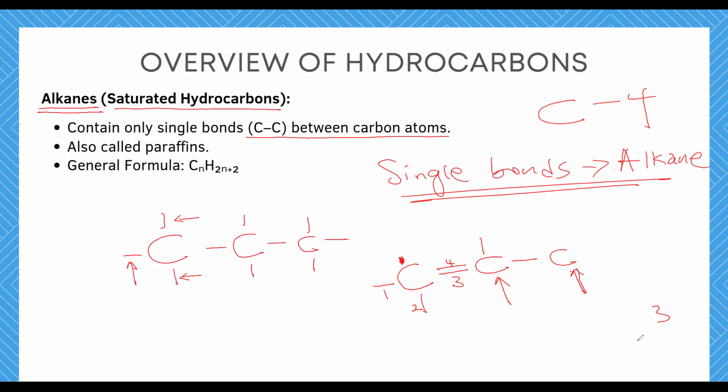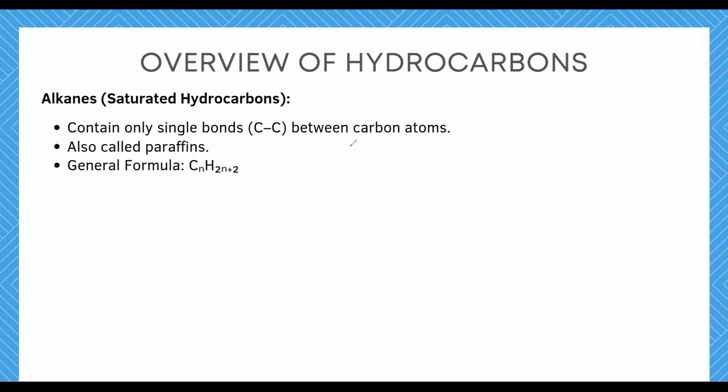I'm so glad that you're getting the hang of what we're doing here. So the first class of hydrocarbons that we have are called what? Alkanes. Good. Alkanes are saturated hydrocarbons.